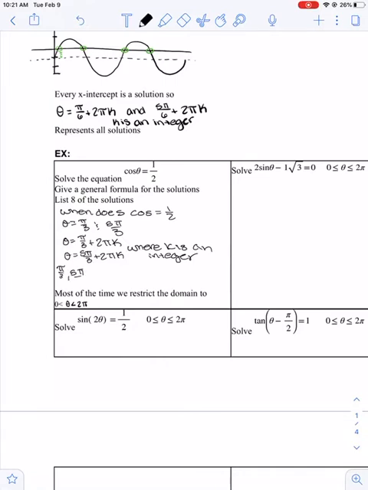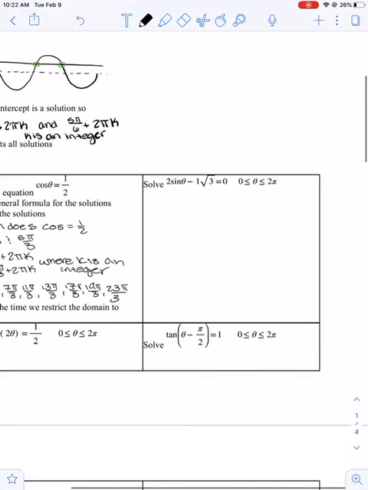So we have pi over 3, 5 pi over 3, 7 pi over 3, 11 pi over 3, 13 pi over 3, 17 pi over 3, 19 pi over 3, and 23 pi over 3. And you just find those by adding 2 pi over and over again to either pi over 3 or 5 pi over 3.